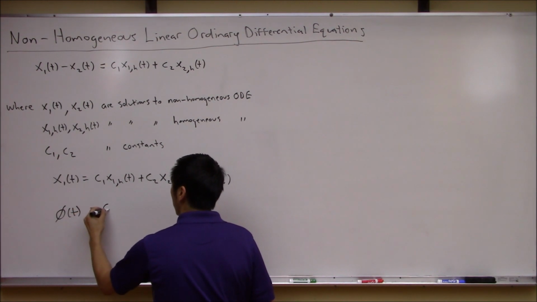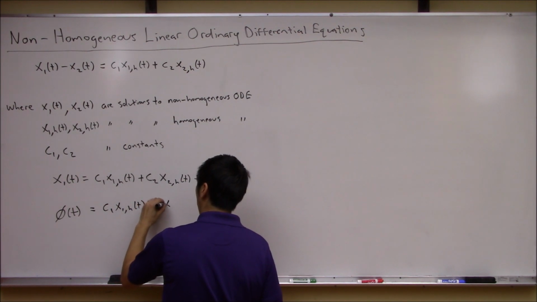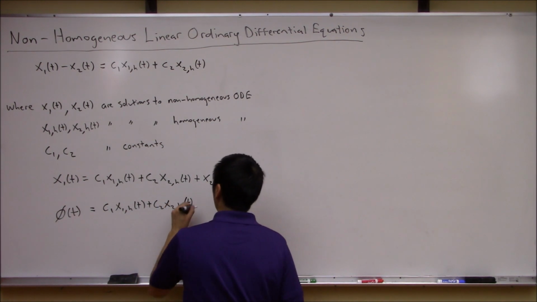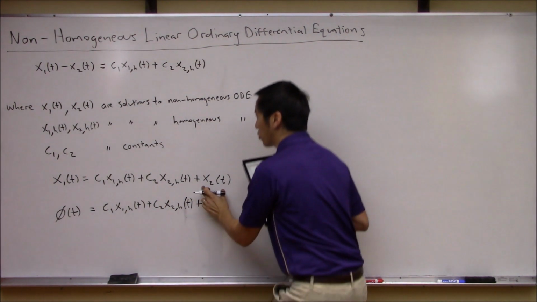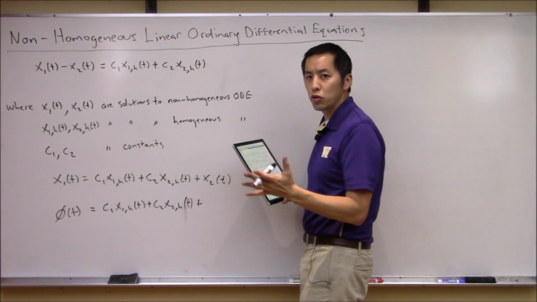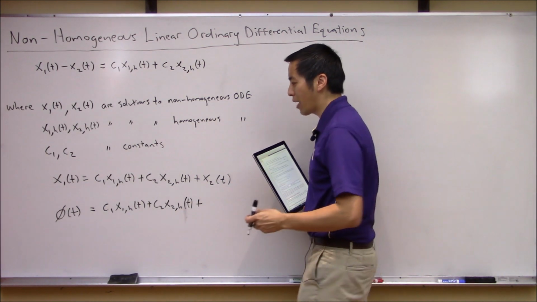Okay, then this is equal to c1 x1 homogeneous of t plus c2 x2 homogeneous of t plus, and again, what is x2? It's a solution of the non-homogeneous differential equation. So this is a little bit backwards, right?